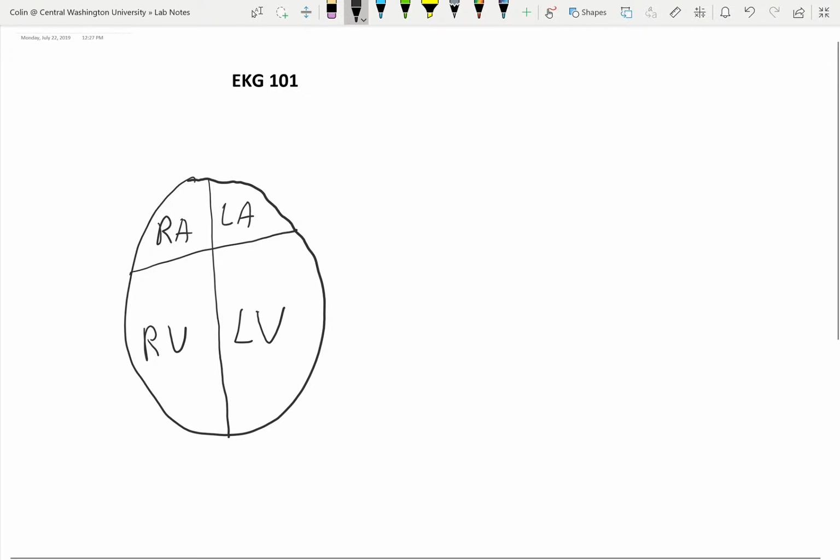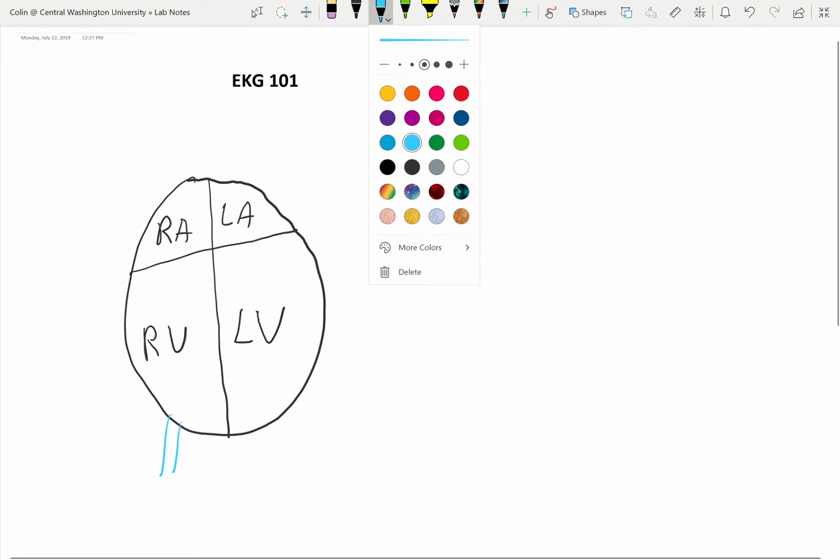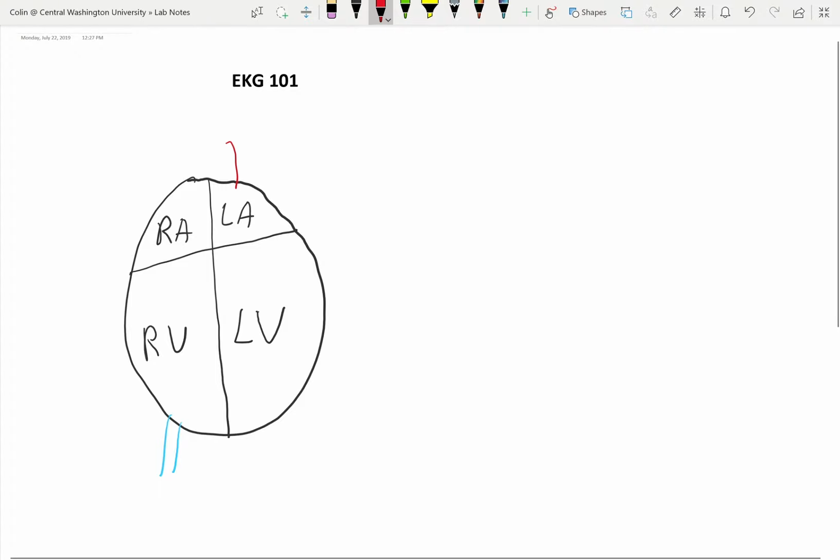The right side is going to be sending blood to the lungs. So it'll send deoxygenated blood to the lungs, and then we're going to have oxygenated blood coming back from the lungs to the left atrium, and then from the left ventricle out to the body. Right, so pretty basic, simple stuff.